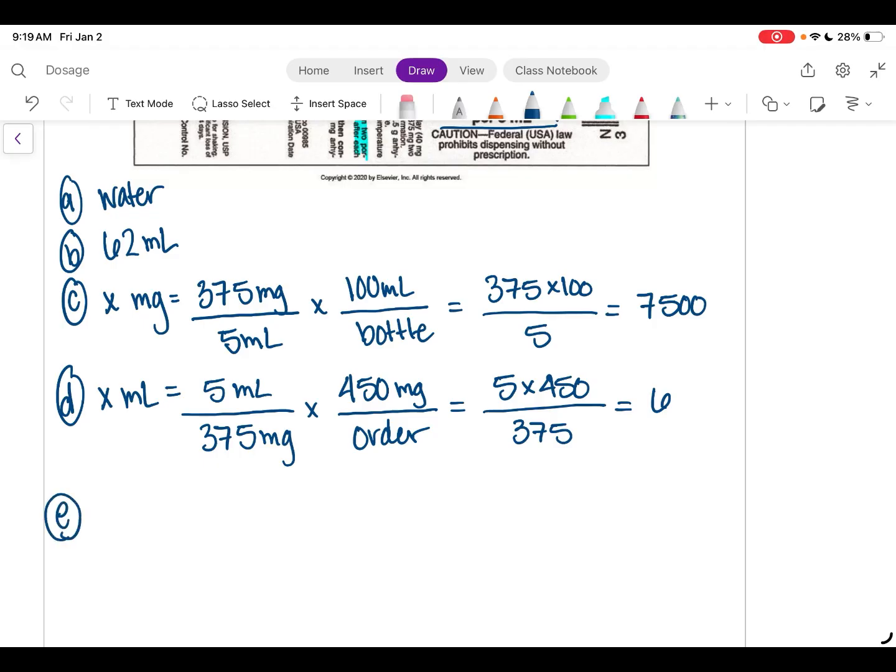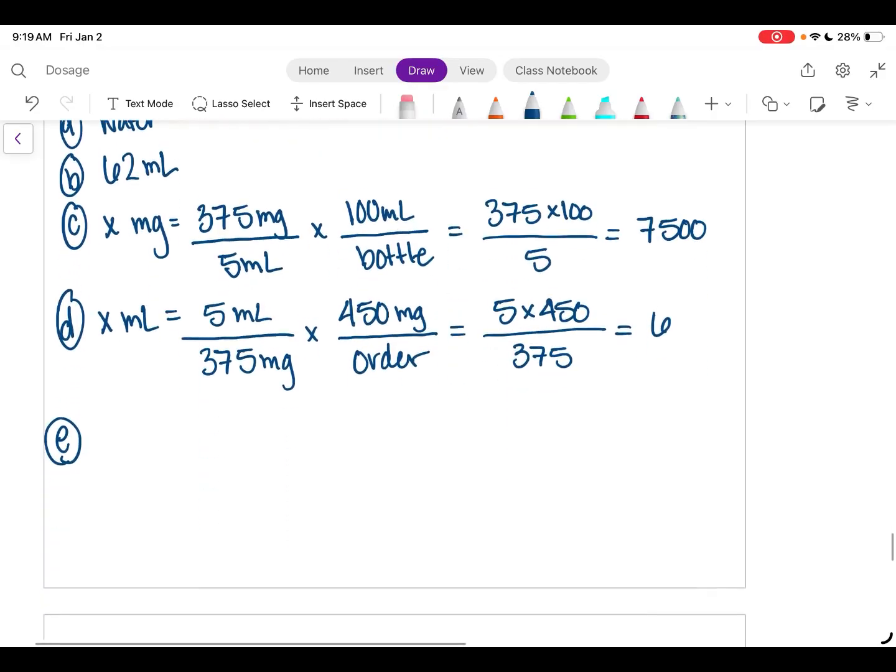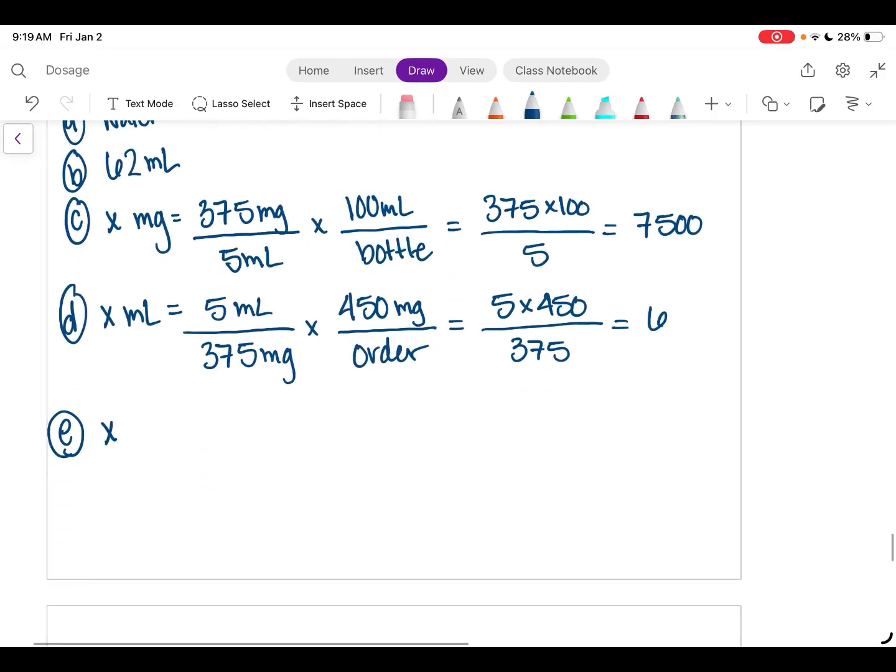So final question, right? How many doses are in the bottle, right? X doses. We just figured out that one dose is 6 milliliters. We know that the entire contents of the bottle are 100.